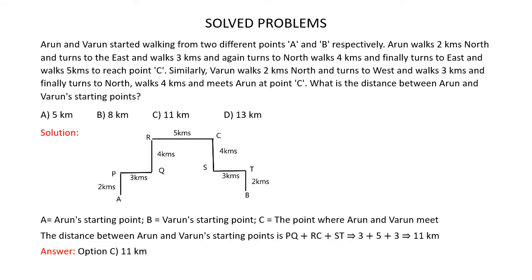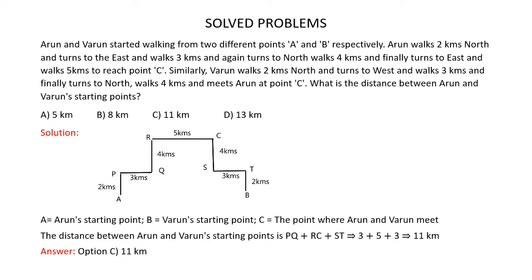Now Varun starts from B and he walks 2 kilometers to the north to reach T and turns to the west and walks 3 kilometers to reach S, and finally turns to the north and walks 4 kilometers to reach C, where he meets Arun.